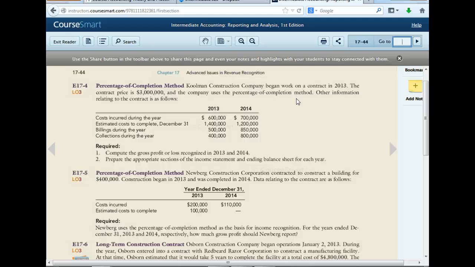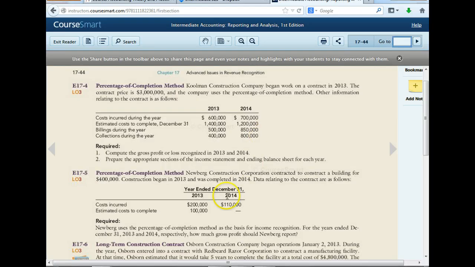Other information relating to the contract is shown here: the cost for 2013, the cost for 2014. So we've got our cost during the year and then our estimated cost to complete it, the billings during the year and the collections during the year. Compute the gross profit or loss recognized in 2013 and in 2014.